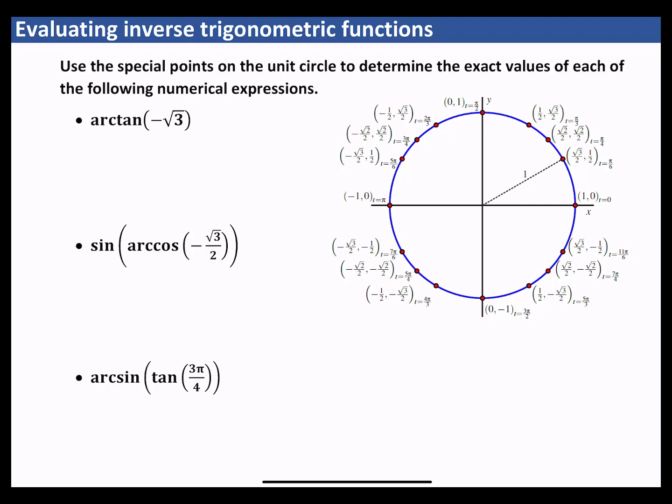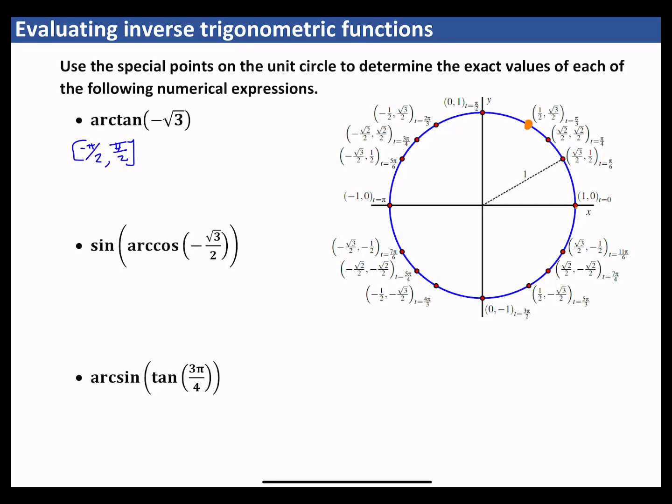Okay, so next we wanted to find the arctangent of negative square root of 3. Again, the angle will be between negative pi over 2 and positive pi over 2. This time we want the angle whose tangent is negative square root of 3. And so we knew that at pi over 3, we would have a positive square root 3 for the tangent.